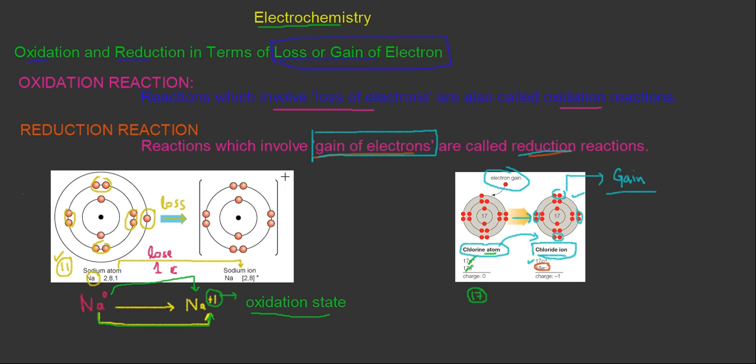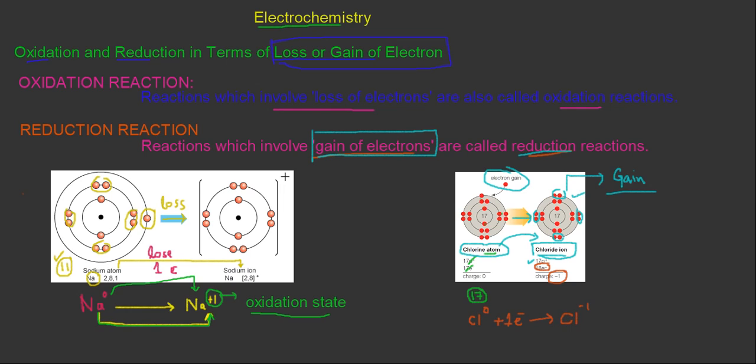So positive 17 minus 18 electrons would give -1. So what does this mean? This means that chlorine was present in the atomic state having 0 charge. After the gain of 1 electron from any other atom, it is now converted into chloride ion, Cl -1.